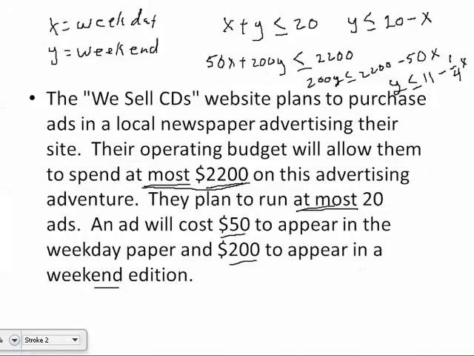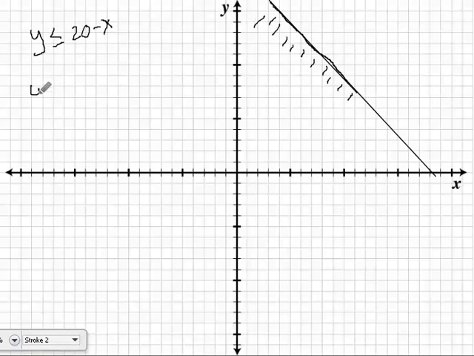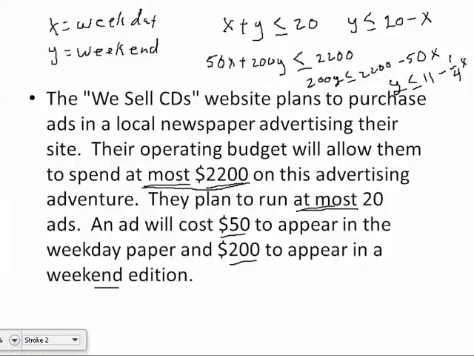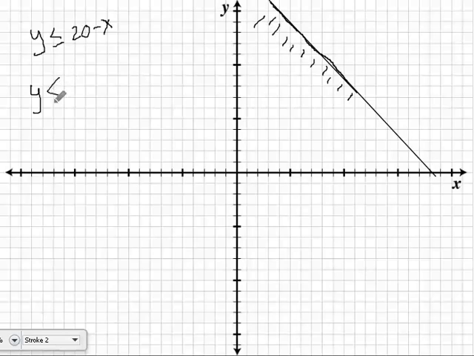Okay? The other one is y is less than or equal to 11 minus 1/4 x. So I'm going to start at 11, and I'm going to go down 1 over 4, 1, 2, 3, 4.